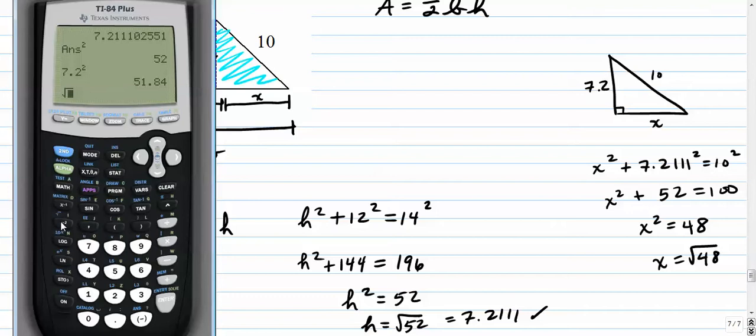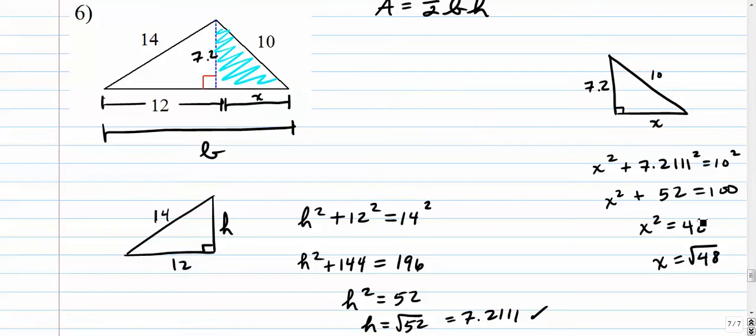Let's see, 6.9 something. 6.9282. And that value goes right here, 6.9282. Alright, so now we're ready to bring it all together.